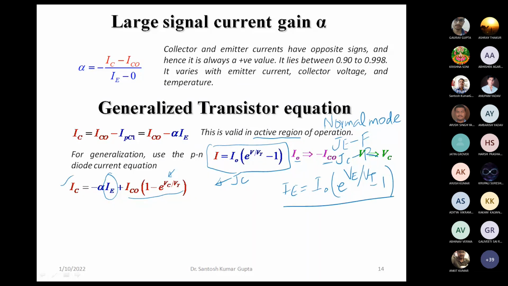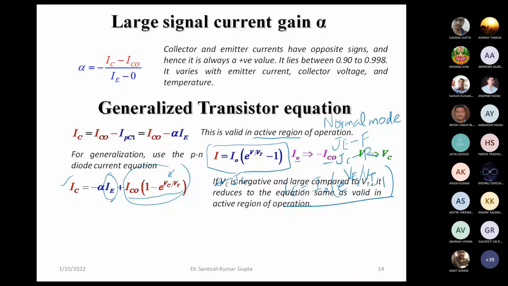So this IE can be understood to be the diode current. Similarly, the ICO is going to vary with the collector junction voltage, so that can also be written like this. So we can generalize this in this way.